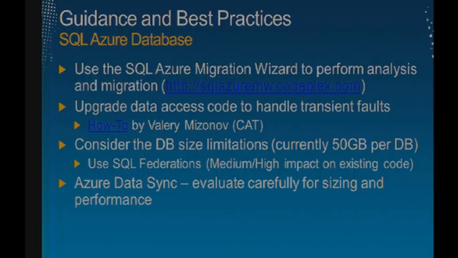But if everything is okay, it will run that script to generate the target database schema in SQL Azure, and it will also BCP the data out of your on-premises database into BCP files, and then run BCP against your SQL Azure database and schema that was just provisioned by the tool and import that data. So very easy, painless exercise, as long as the on-premises SQL schema and features that you are using are compatible with the SQL Azure feature set.